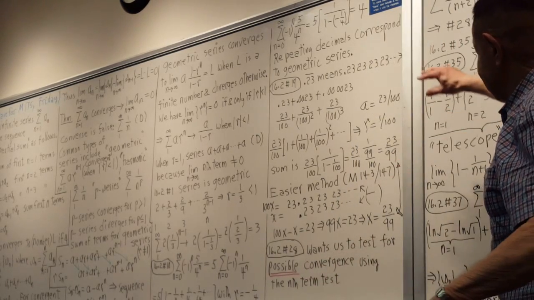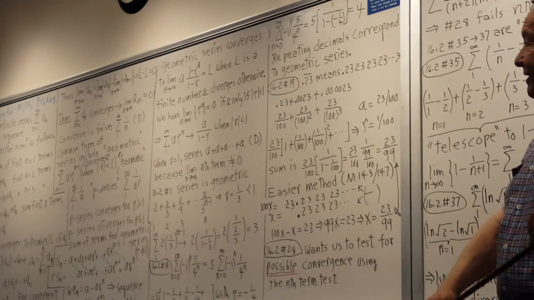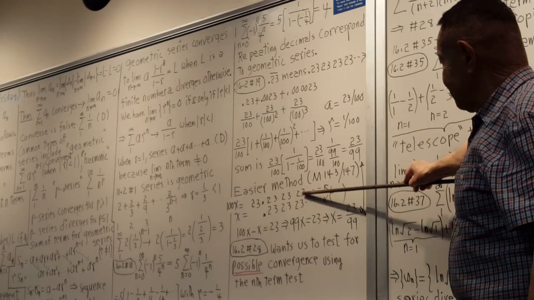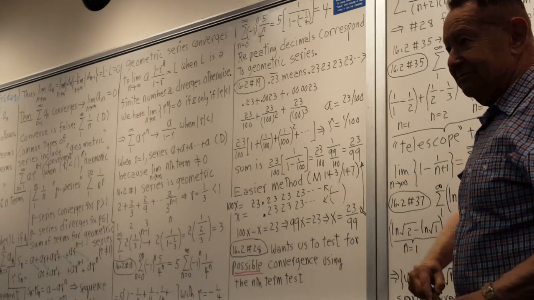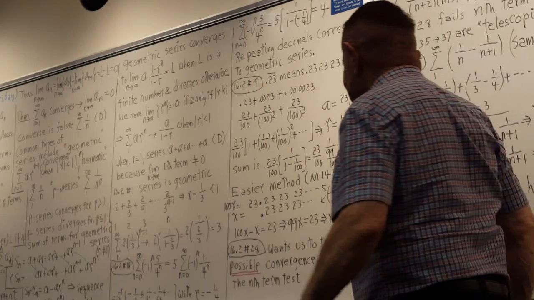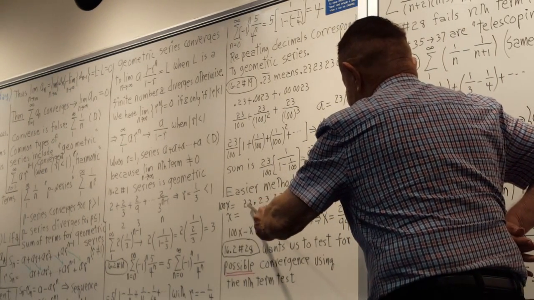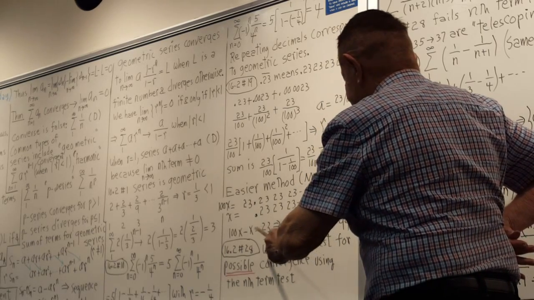And the idea is these are infinite decimals, so you can multiply by 100, and you're not going to run out of 2, 3 pairs to match up with the original. And then subtract. And you see these all cancel out to the right of the decimal.